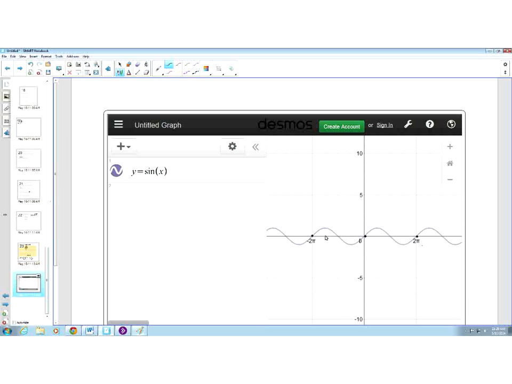So what's interesting is that this is a property of a one-to-one function. Okay, so one-to-one functions have inverses.